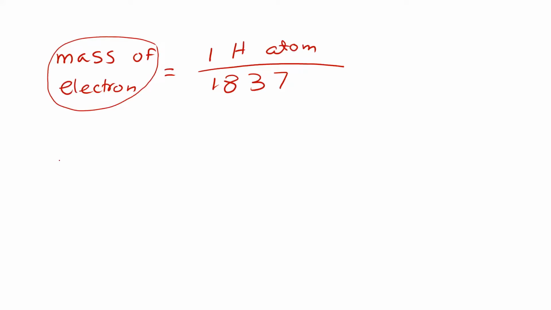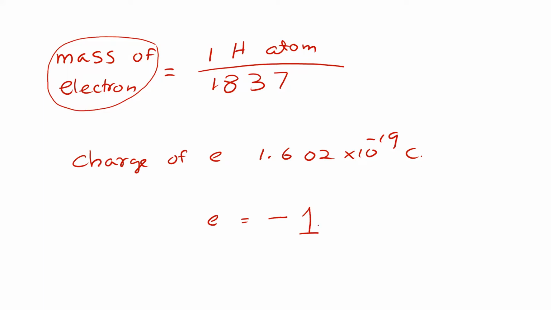So let's say we write the charge of electron as a negative one. For O levels, you might have done that. You know that the charge of electron, we call it as -1. So what exactly is that?